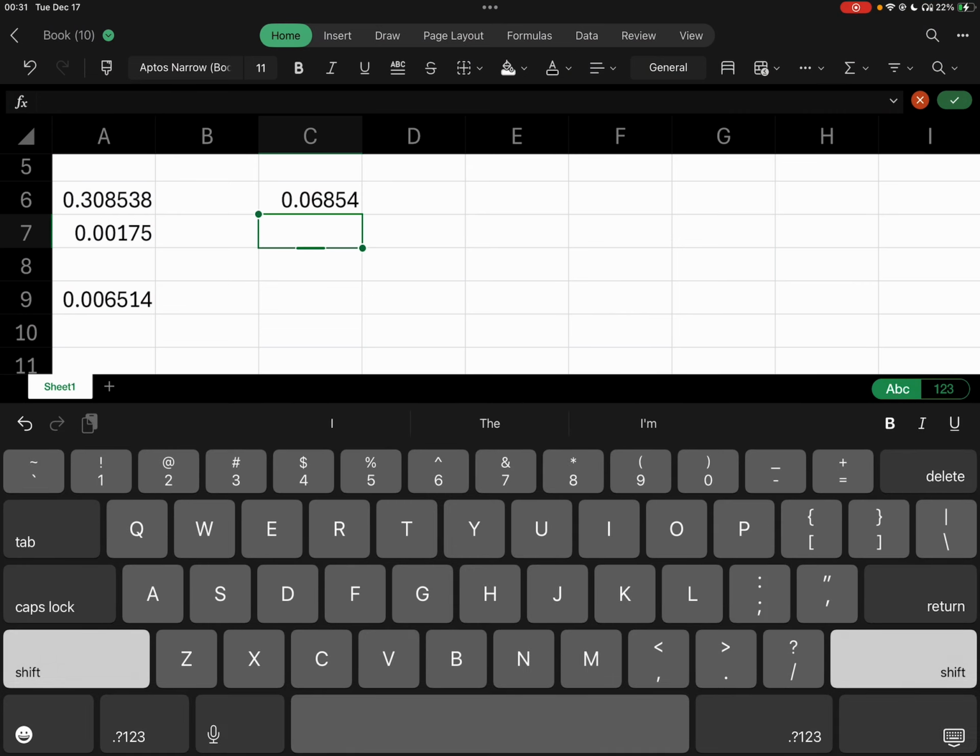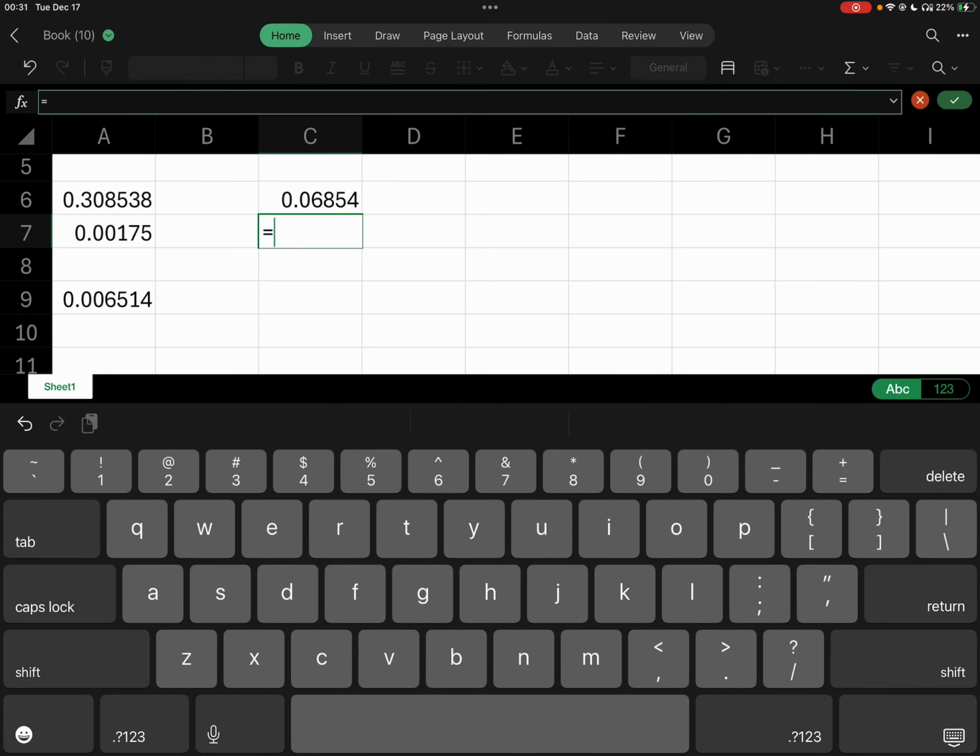And I'll just show you real quick. If I try to plug in a negative number, so t.dist.2t, I'm going to try and plug in negative 2.333 and 99. Okay?